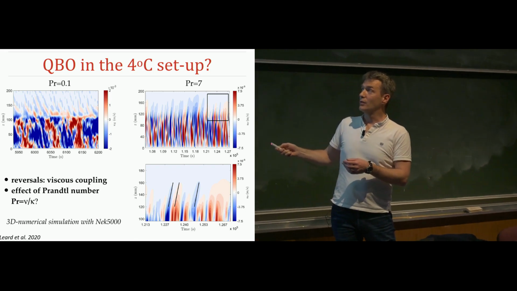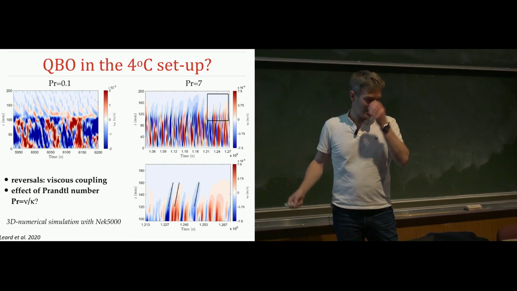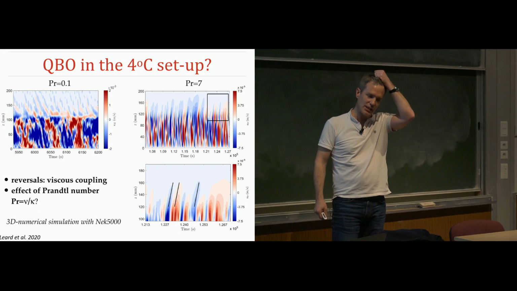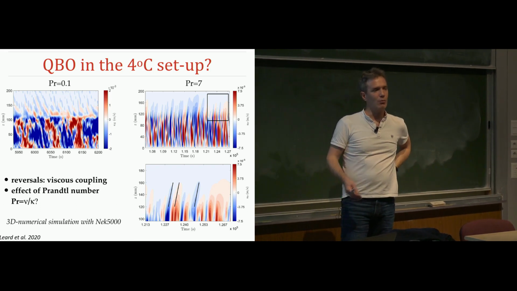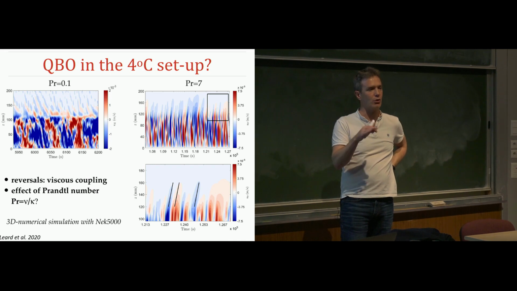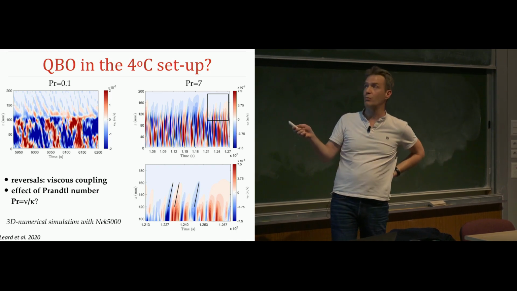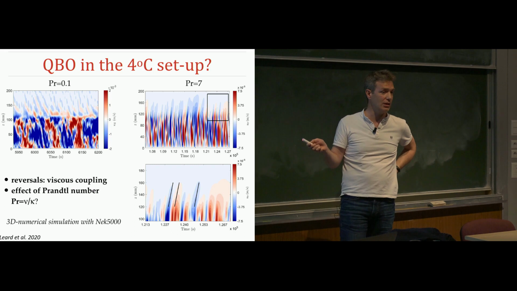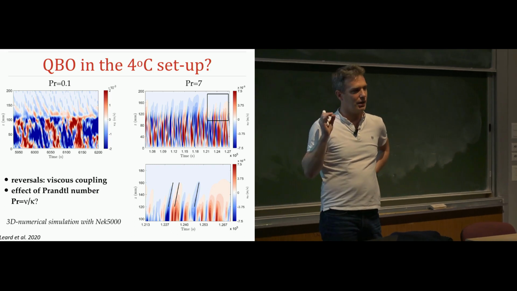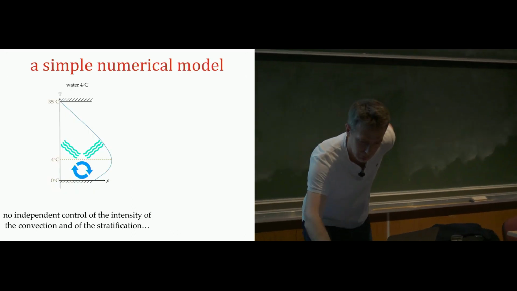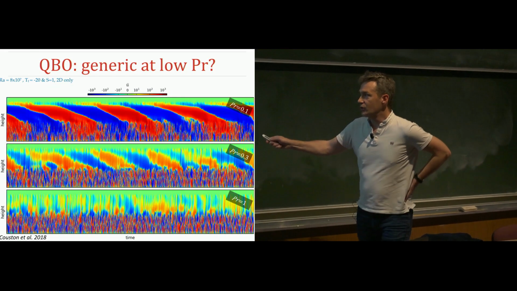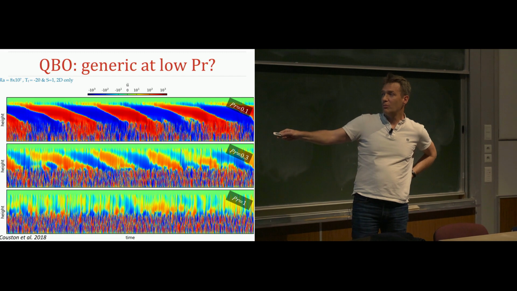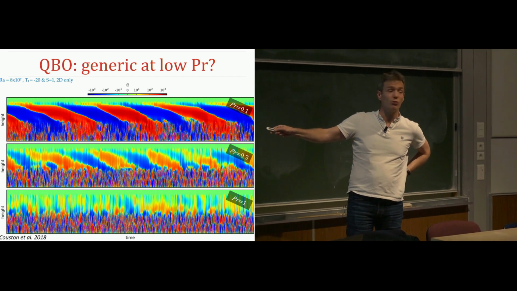So really, this is important, for instance, for atmospheric modeling, but also for stellar modeling. Most of the numerical simulations use a Prandtl number of 1. And here it's a perfect example where you see that a Prandtl number of 1 is not correct. I have another example just after here. It's another example with a Prandtl number of 1. At 1, you don't really see reversal.